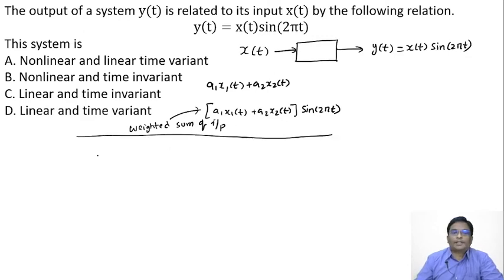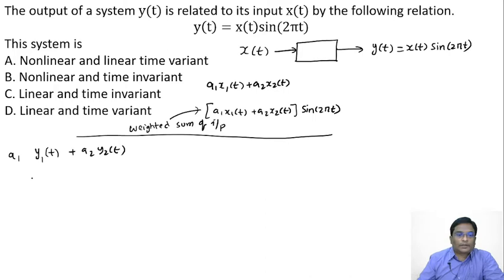Now the weighted sum of outputs: a1 y1 of t plus a2 y2 of t. What is y1 of t? It is x1 of t sine 2 pi t, and y2 of t is x2 of t sine 2 pi t.